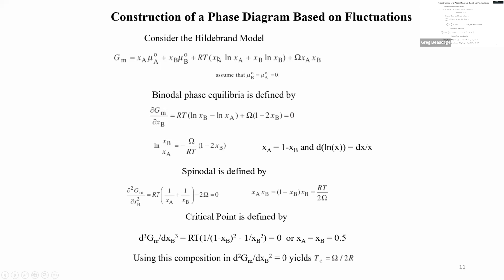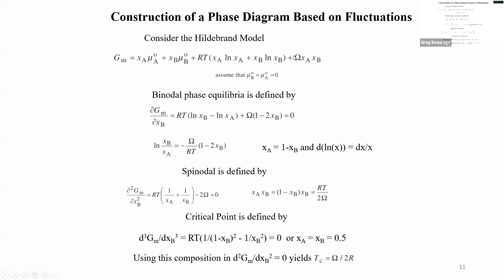And then the derivative of 1 minus xb times ln xa is minus ln xa. So you have ln xb minus ln xa. And the derivative of ln xa is dxa over xa, so that's minus 1. So you have minus 1 and plus 1 cancel out, and you end up that the derivative of this term is just ln xb minus ln xa.